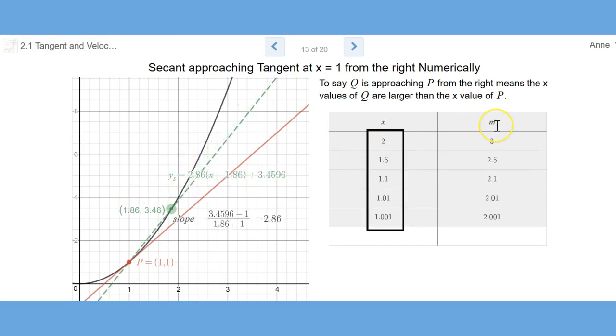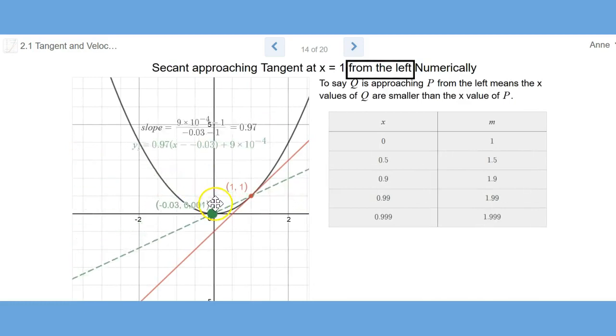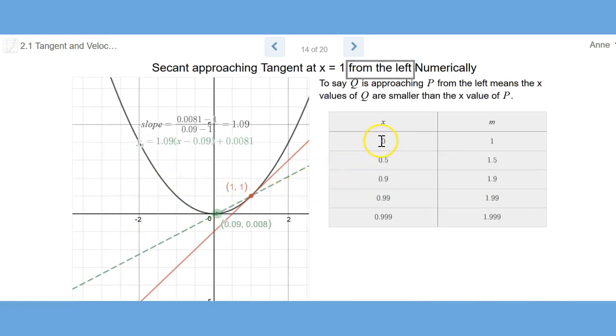If you look at it as a table, you'll see that the x values start out bigger and they get smaller as they approach 1, and the slopes are bigger and they get smaller as they approach the slope of the tangent. Here it's approaching 1, 1 from the left, and you'll see that the x values are smaller and they're getting larger as they approach 1, and the slope values are smaller and they're getting larger as they approach 2.